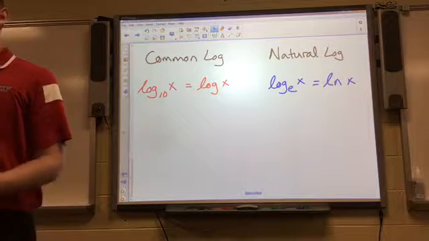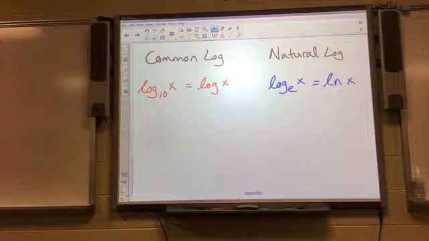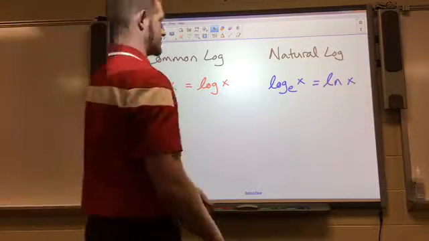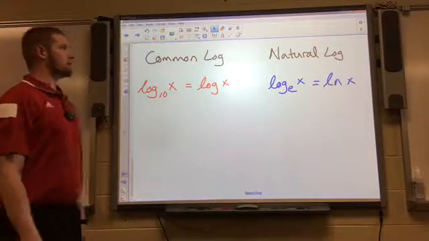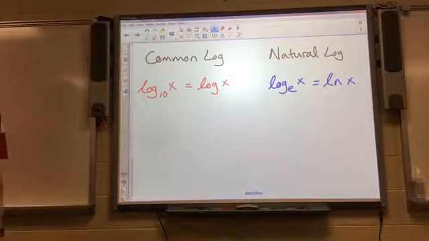Okay, so the ln button on your calculator is actually log base e. The ln stands for natural log. It's backwards, but the letters are there. Okay. So those are just two things that you're just going to need to know.